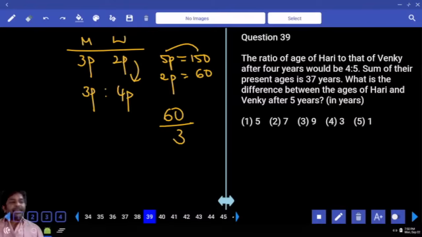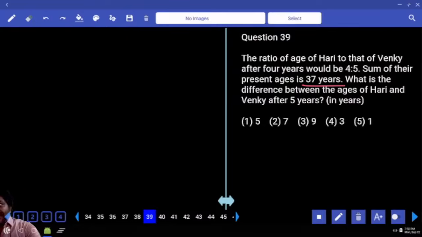The ratio of age of Hari to that of Venki after 4 years would be 4:5. The sum of their present ages is 37. But 4:5 is their ratio of age after 4 years, not the present age.